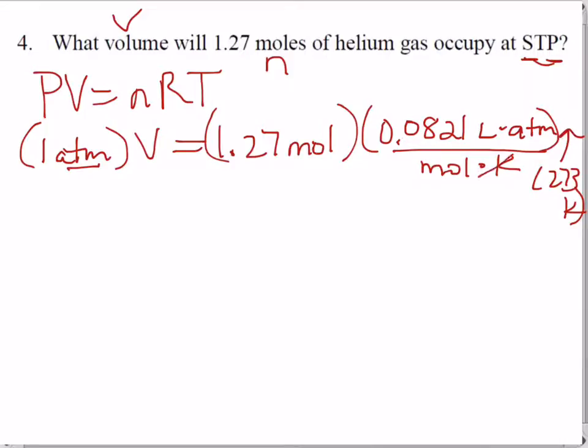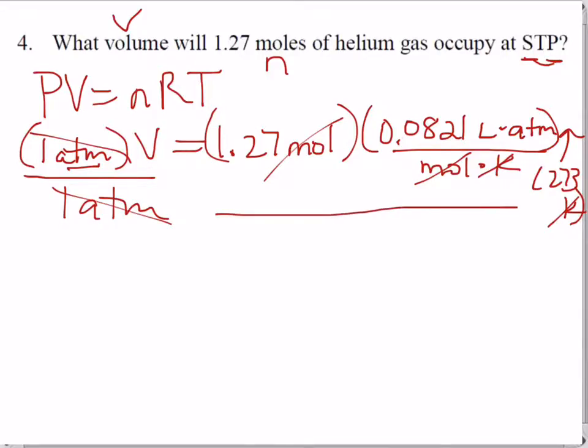Okay, so my Kelvins cancel out because they're on top and bottom. The moles cancel out here because they're on top and bottom. And I'm going to divide both sides by the 1 atmosphere. So those cancel out. 1 atmosphere written on this side would cancel out the atmospheres.